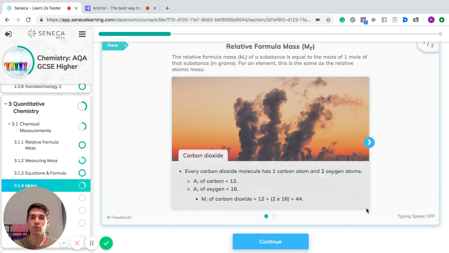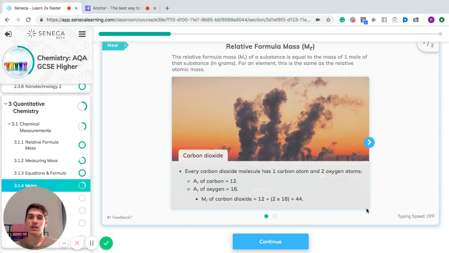Now, the relative formula mass of a substance is equal to the mass of 1 mole of that substance in grams. For an element, that is the same as the relative atomic mass, okay? So every carbon dioxide molecule has 1 carbon atom and 2 oxygen atoms. The relative atomic mass of carbon is 12, and the relative atomic mass of oxygen is 16.